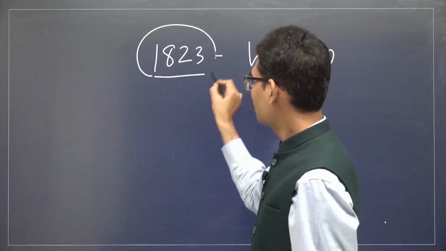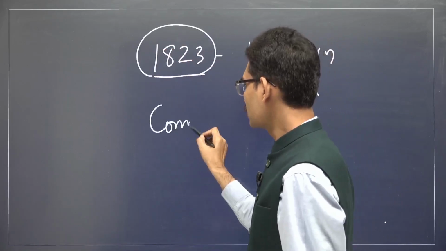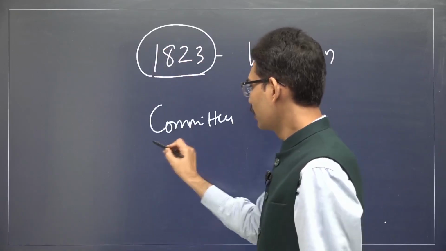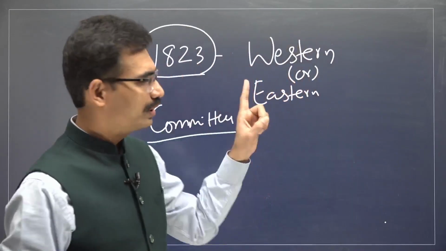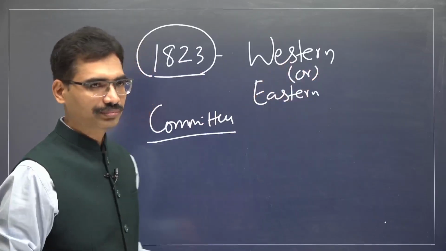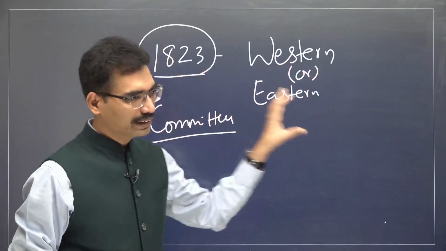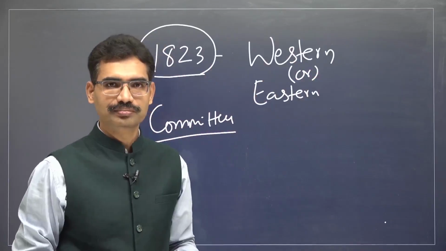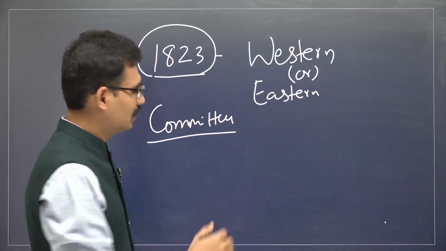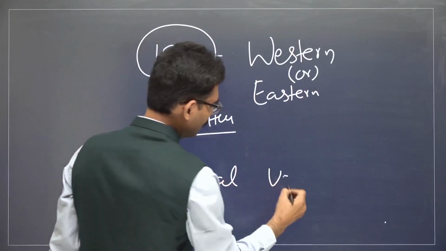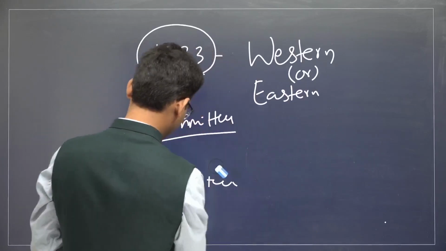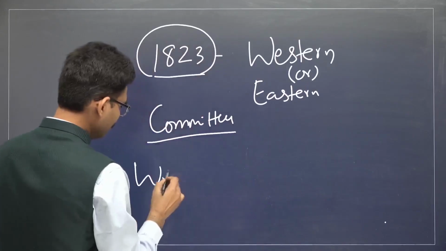Intense debate. A committee was established to decide which is best for India. Now, this committee debated for 1 decade. They will say Oriental subjects are good, and someone says Western subjects are good.